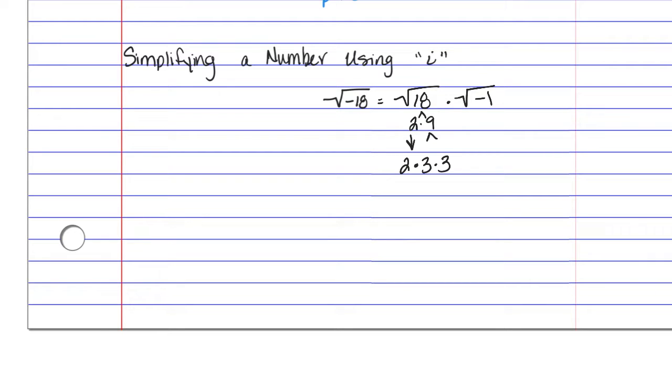Because at the very bottom, all of your prime factorizations, no matter what initial factor you started with, all your prime factors are going to match at the end. So if I started off with 3 and 6, when I get done, I'm going to have a 2, a 3, and a 3 as prime factors. And my square root of negative 1 turns into the letter i, and it is separated from my radical.